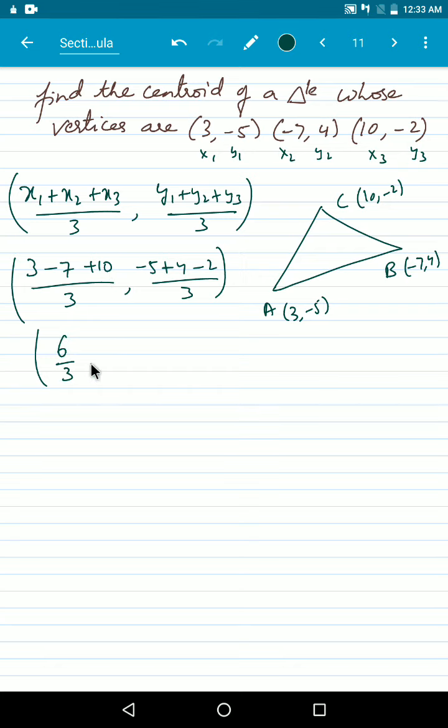So this is 6 by 3. Now this is minus 5 plus 4 is minus 1, minus 1 minus 2 is minus 3, by 3. So this is (2, minus 1). So (2, minus 1) is the centroid of the triangle. All right, very easy concept, right?